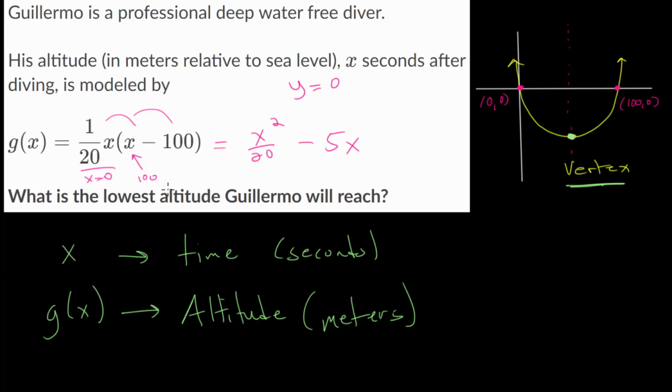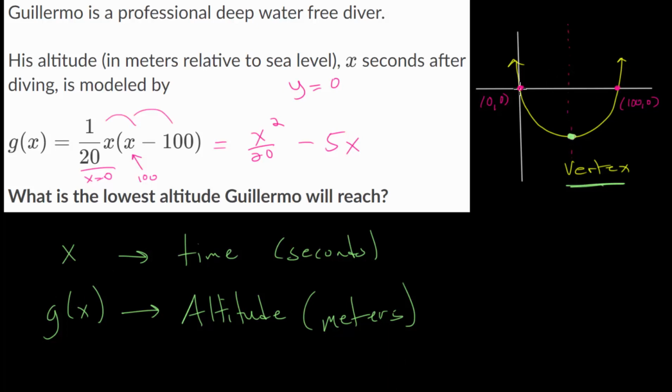Now, to figure out the lowest altitude, we know we're looking for the vertex, and specifically, we want to know the function value there. If the question asks what was the time it took to reach the lowest possible altitude, then we would be looking for the x value at the vertex. But we need to know the actual altitude, meaning we need the y value or the function value there.